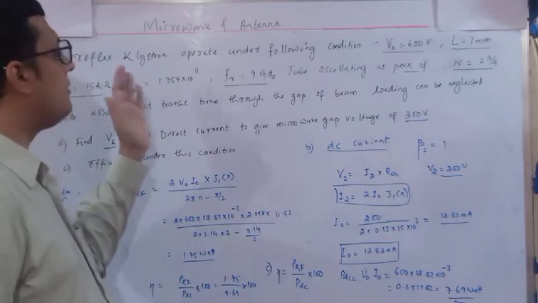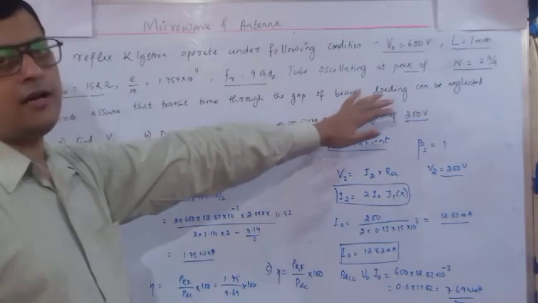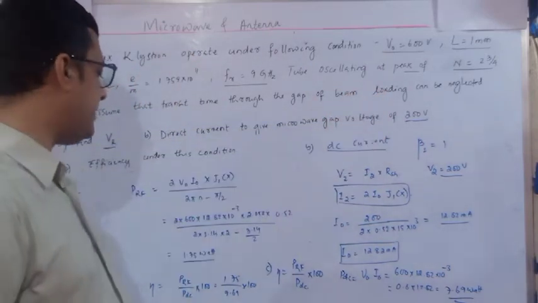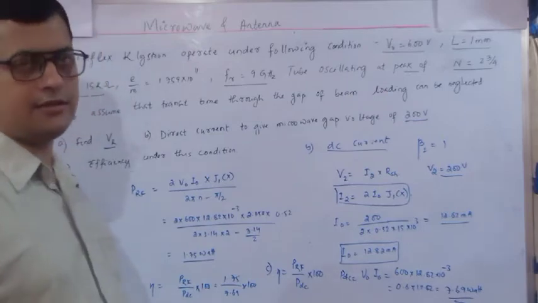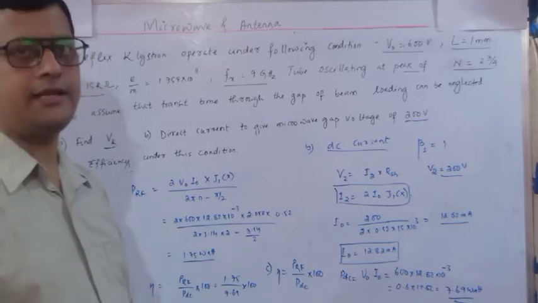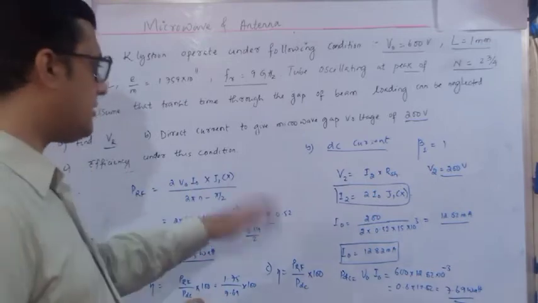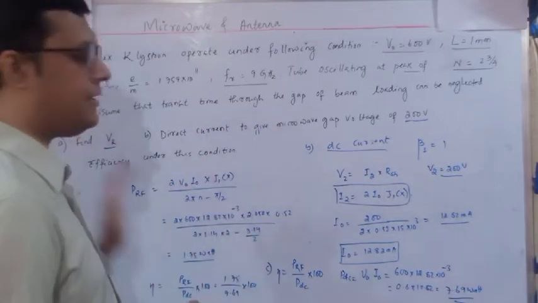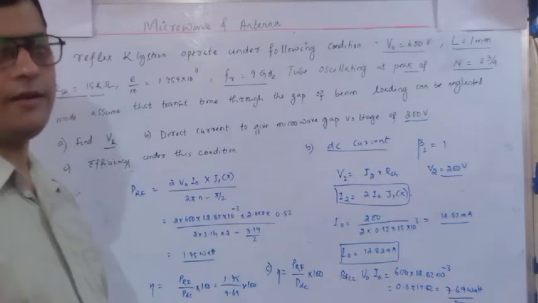Okay, if it is under this condition, my efficiency we will determine with respect to this. So all these parameters, calculate it step by step, use the formulas, substitute these values and determine the values.